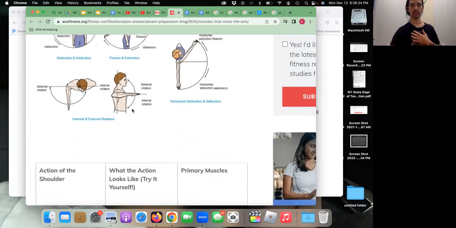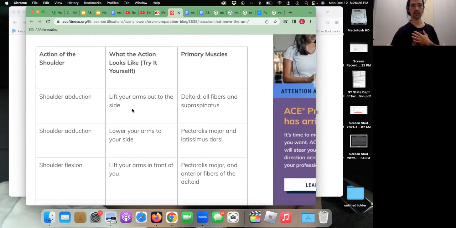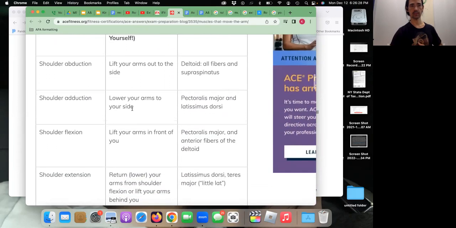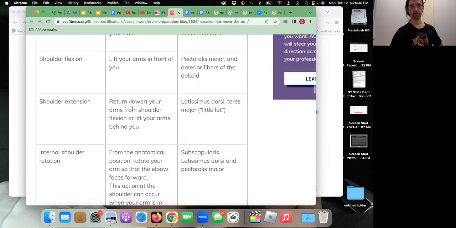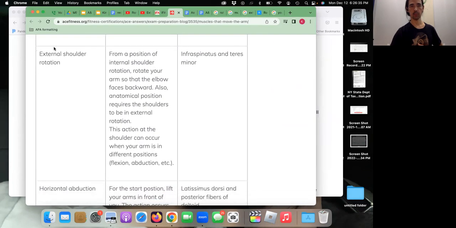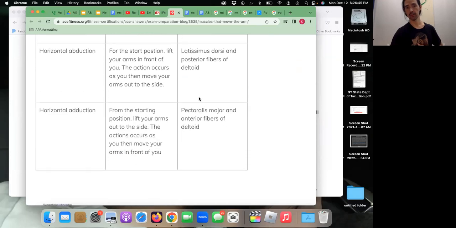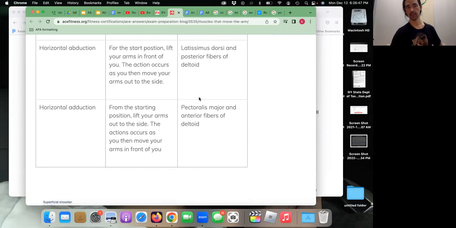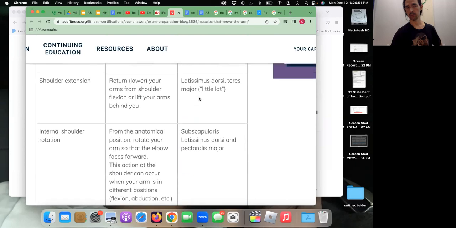Okay, and we'll look at this website a little bit later because one thing I found interesting is that when they give the names of the movements, they also indicate which muscles perform the movement, which is handy, right? And some of these things are not always so intuitive.